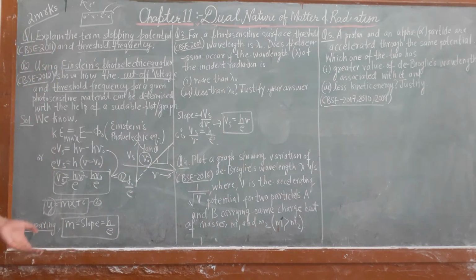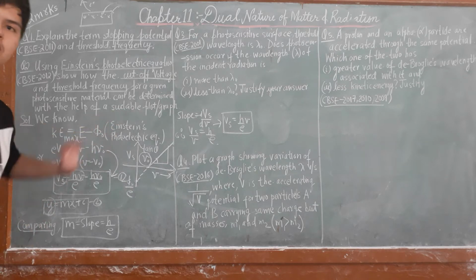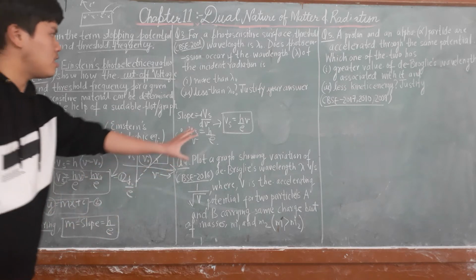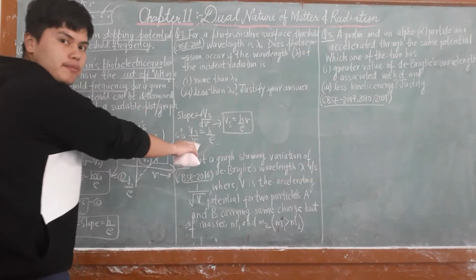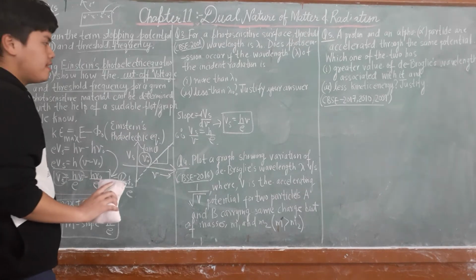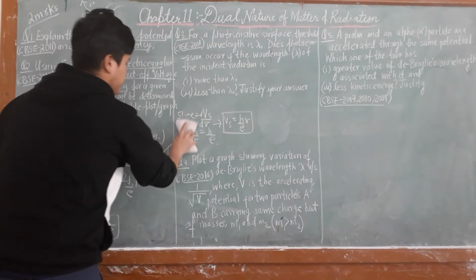This is for 2 marks, so you don't need to write much English. Write the formula, the equation, the graph and the value. Just pause the video and write it. That's all.